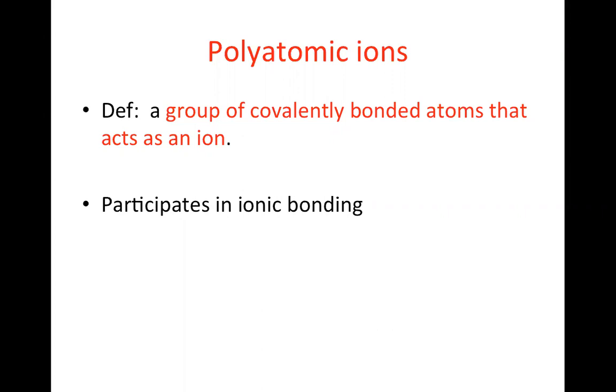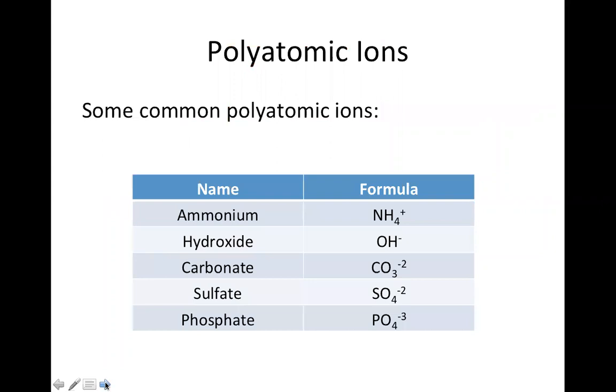And in the last video, recall that usually ionic bonding is between a metal and a nonmetal. But sometimes these polys can take the place of either the metal or the nonmetal, depending on the charge of the poly. So here is a table of some of the common polyatomic ions.